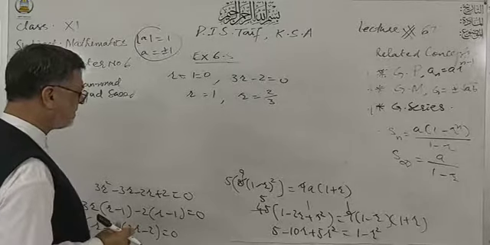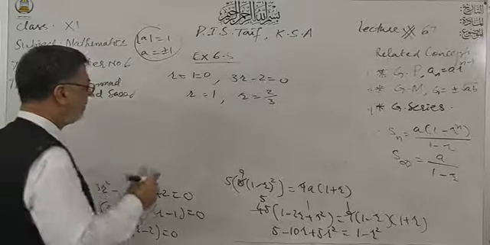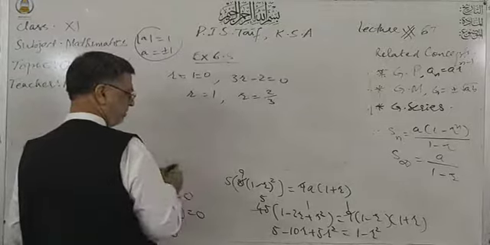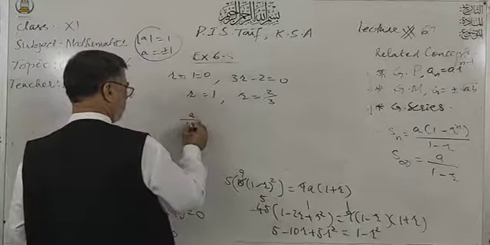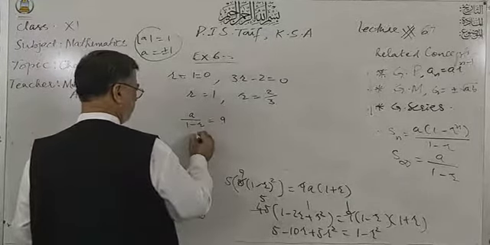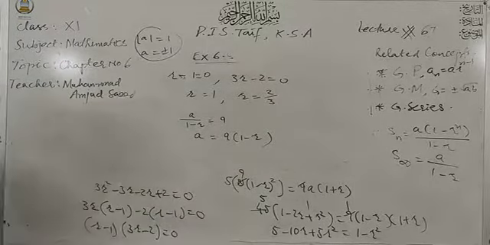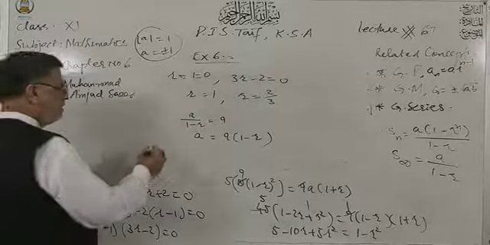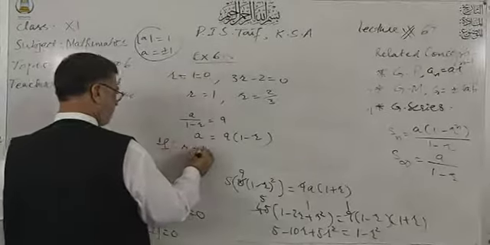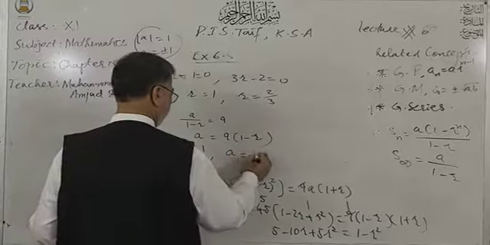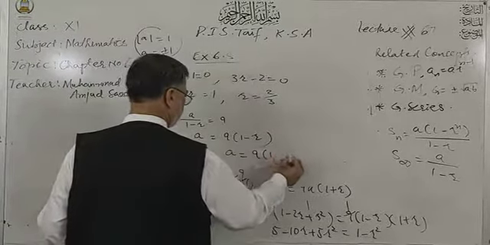The number was a/(1 − r) = 9, so a = 9(1 − r). If r = 1, a = 9 into (1 − 1), which cancels out and is 0.